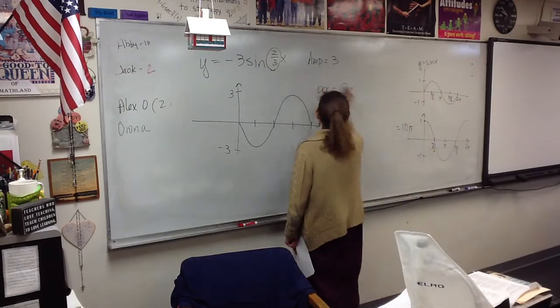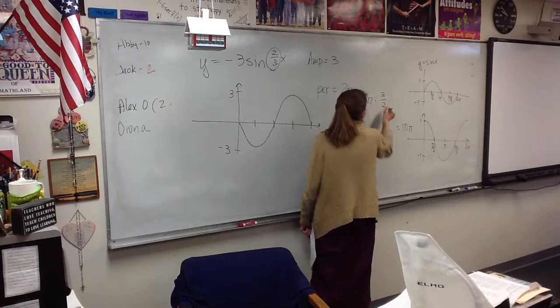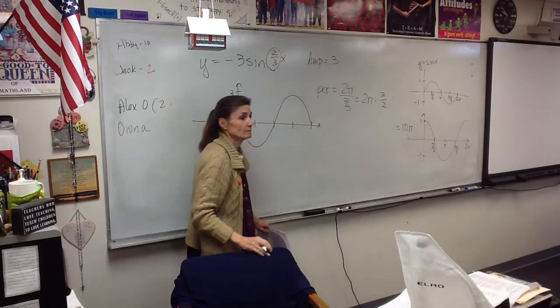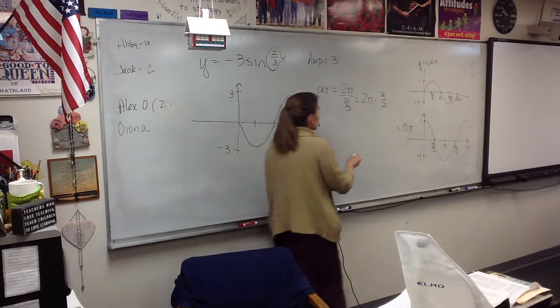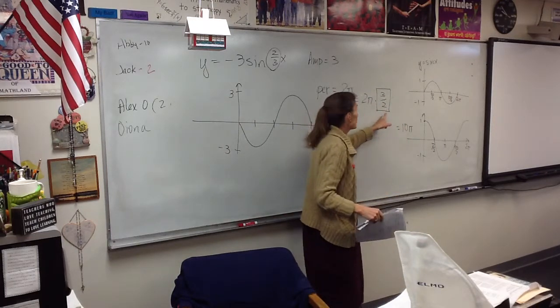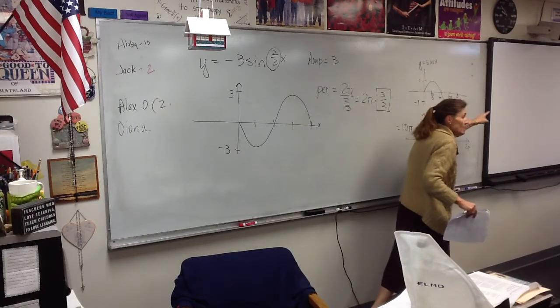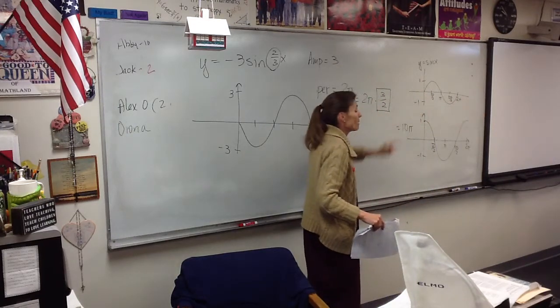But this has been divided by 2/3 or times by 3/2. Now I want you to look right here, kids. This is the key. That means that every single one of those labels right here is going to get times by 3/2.